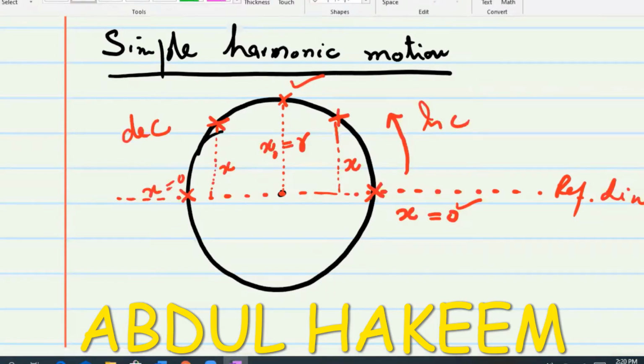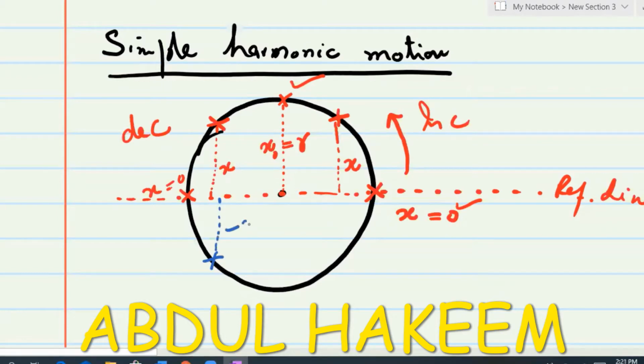Now on the further rotation, when the cross mark reaches here, it is on the other side of the reference line, so its displacement from the line will be negative displacement. When the cross mark reaches here, its displacement will be the maximum, but negative, equal to the radius.